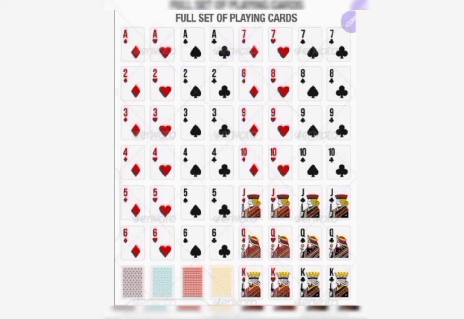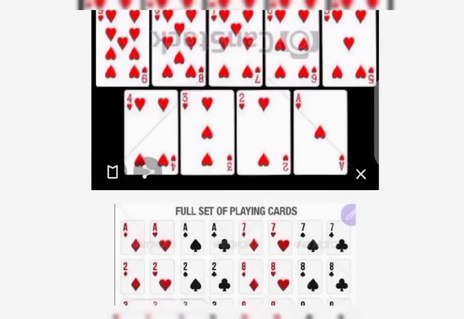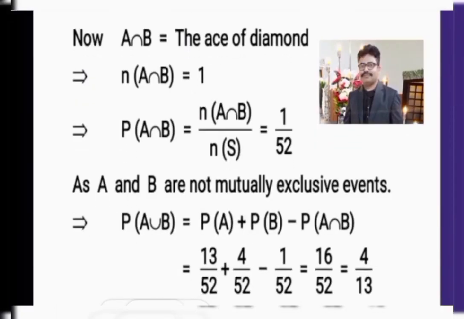These are heart cards, but this is the common value because these cards are not diamond cards. Only this diamond card is common, so there is one common card. So n(A intersection B) is equal to 1.